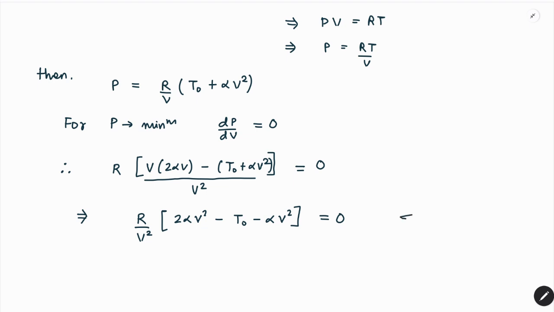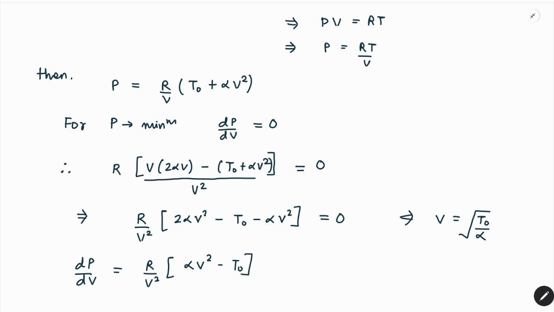So from here we obtain V equals root over T naught by alpha. So this is the first expression which we have, and this is the expression for dP by dV which we have obtained: dP by dV is equal to R by V square times alpha V square minus T naught.